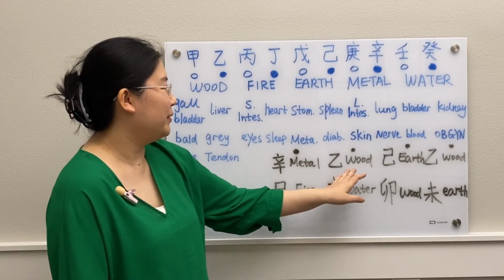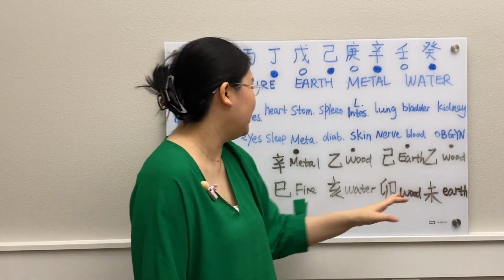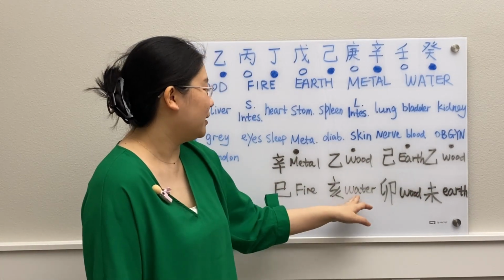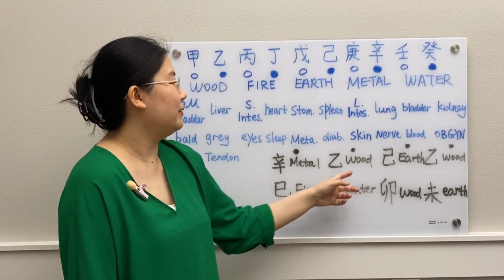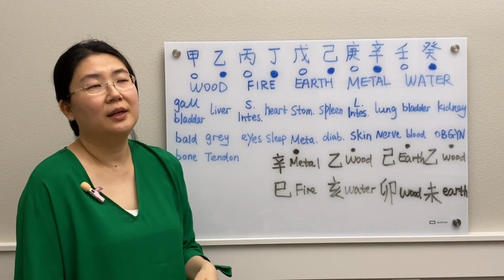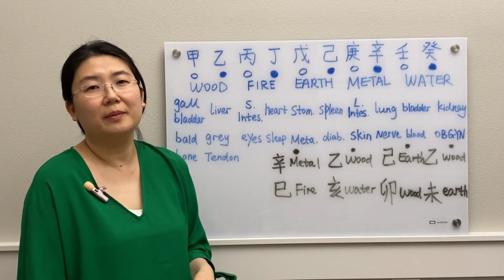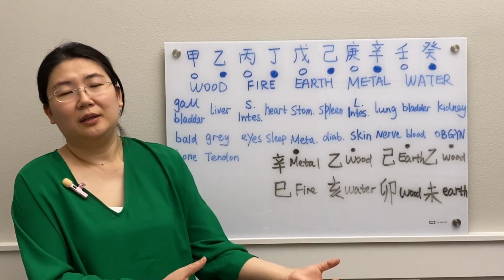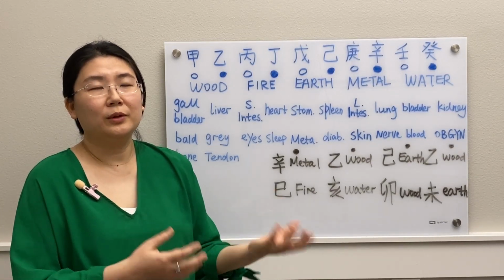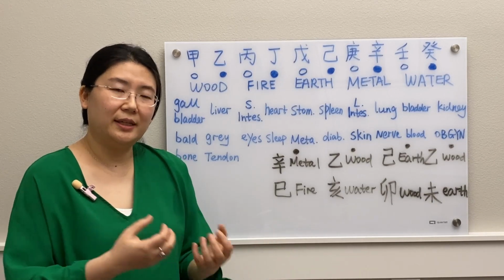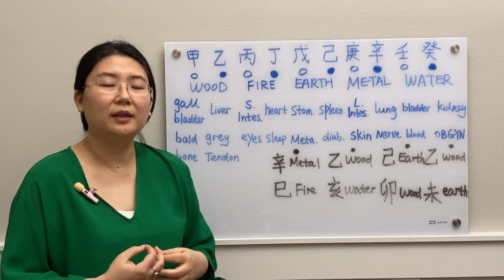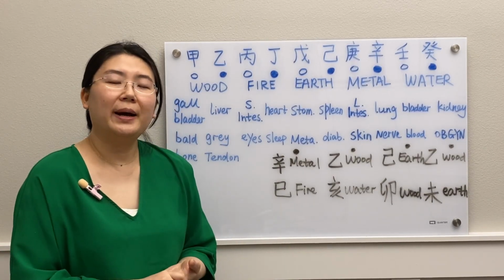On top of that, there's a bunch of wood and water helping it. So it's a very strong wood chart. Typically, I would say this person's favorable element would be fire, because fire is a reduction, since wood grows fire. It takes away energy from wood so that wood can be in a more balanced state.